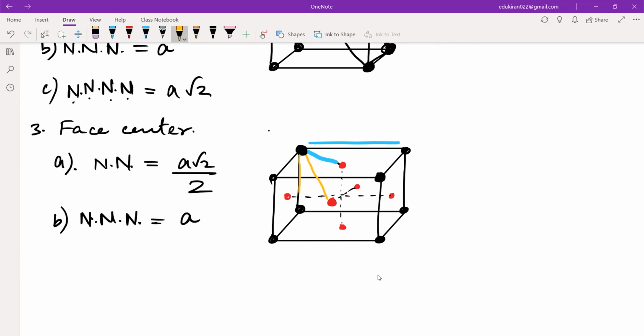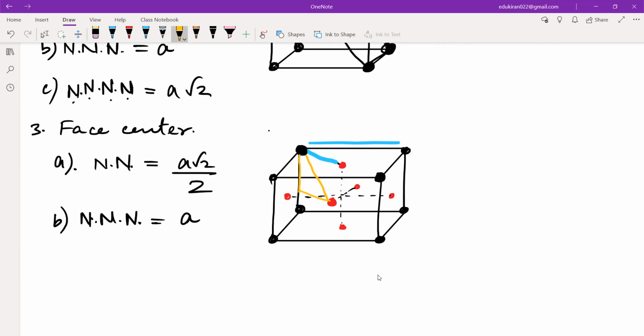Okay. And from the middle, we joined a line that is connected to this atom that is in the face center. ठीक है, तो ऐसे नीचे आई. And then from the middle, you make a line that is a straight line going to the face center of the back wall. Fine.